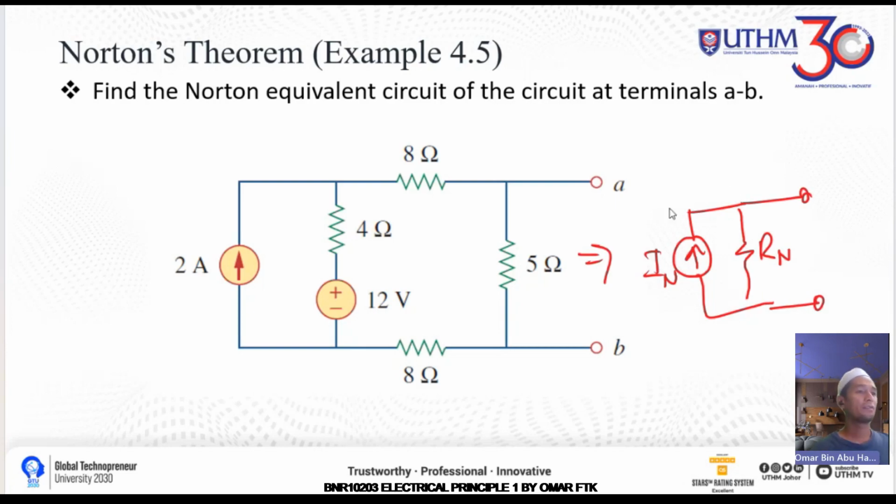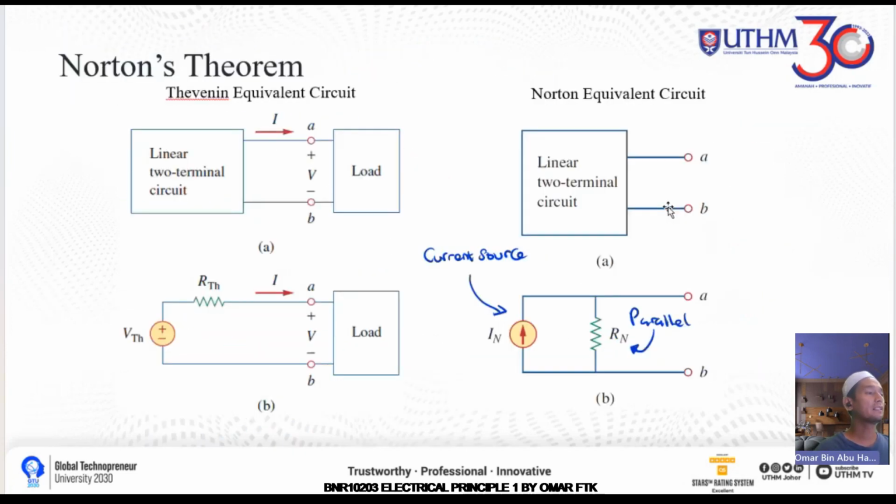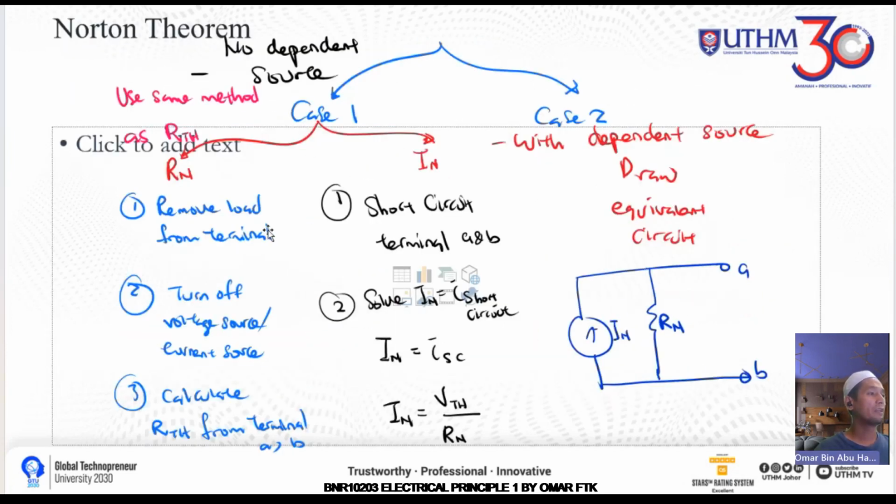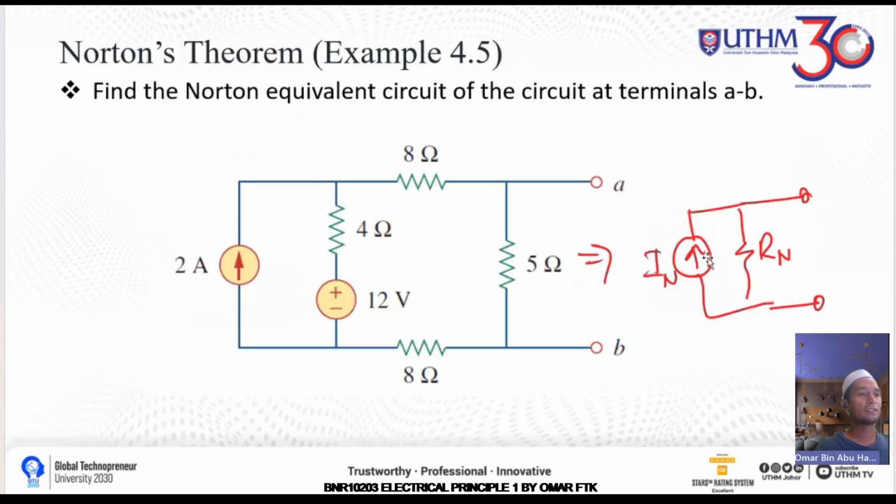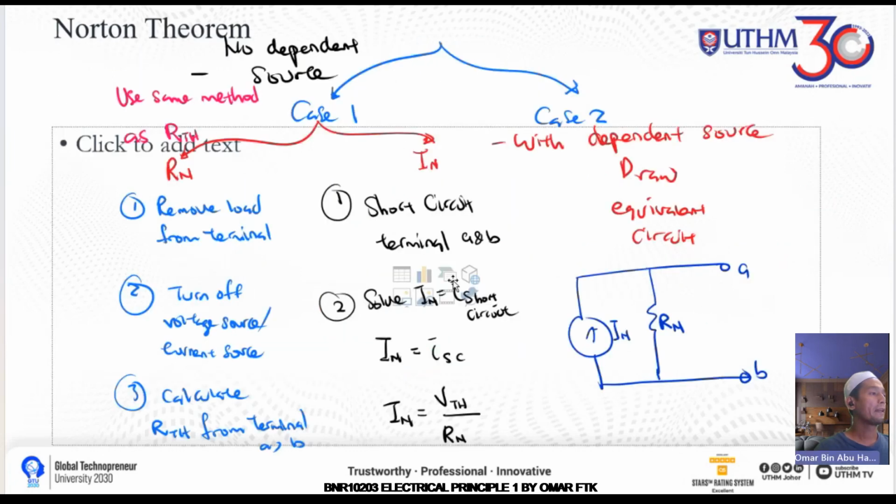The method is first you have to remove the load. Of course there is no load in the circuit. Then you turn off the voltage source and current source. This is to determine the Norton resistor. And then you calculate the equivalent resistance.